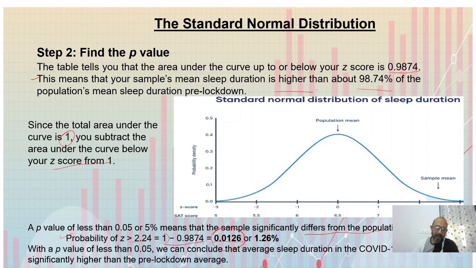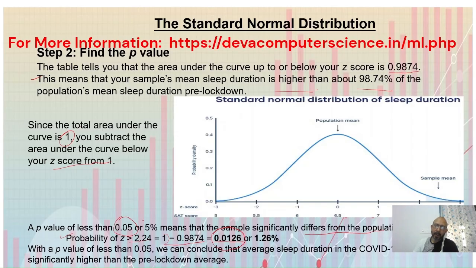0.0126 is less than 0.05. With a p-value of less than 0.05, we can conclude that average sleep duration in the COVID-19 lockdown was significantly higher than the pre-lockdown average.